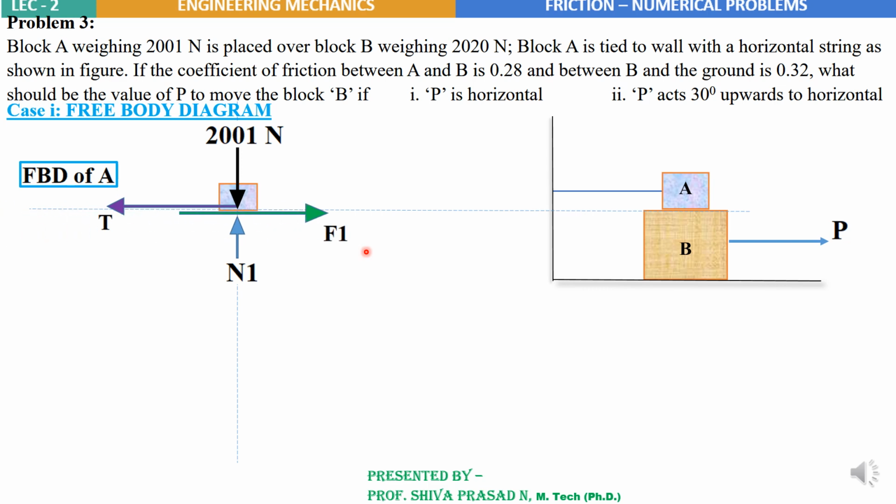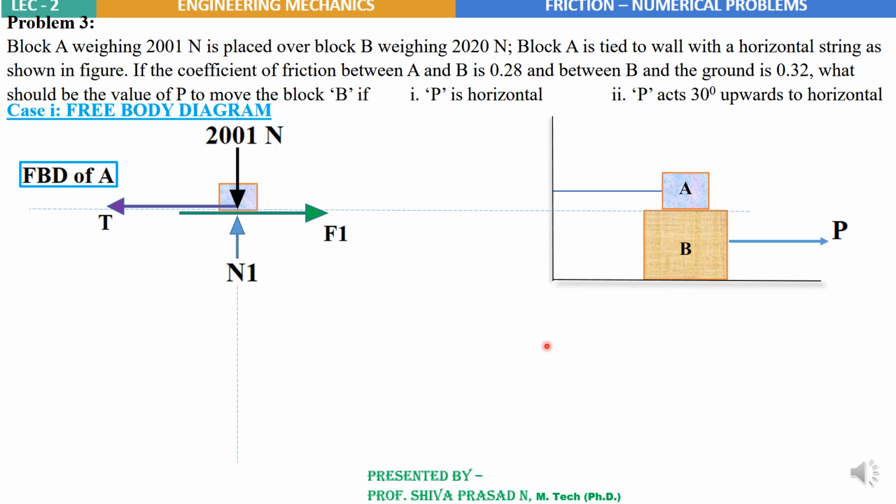So F1 I will consider in the right side direction. Again I'll get F2 for block B between the surface and block B. Well, this completes the free body diagram for block A.